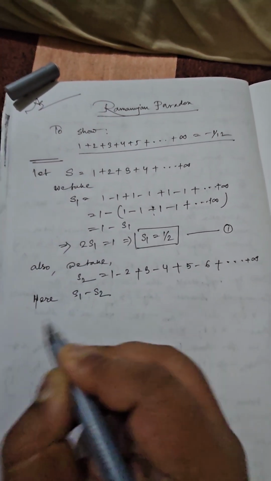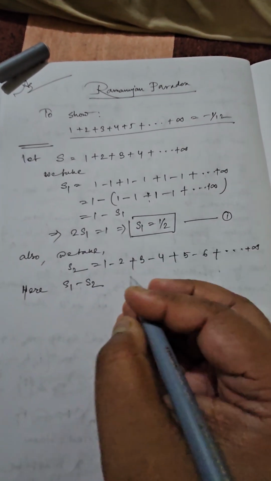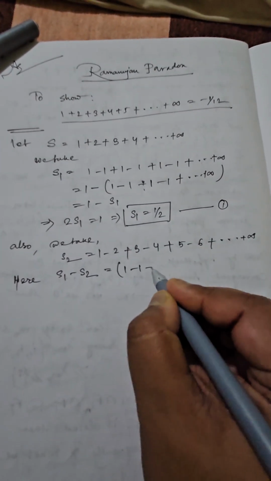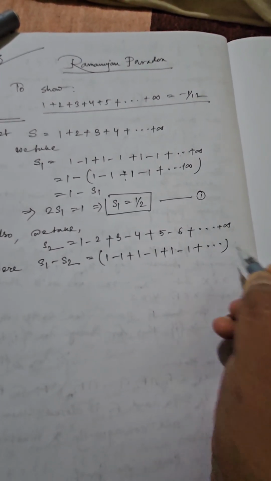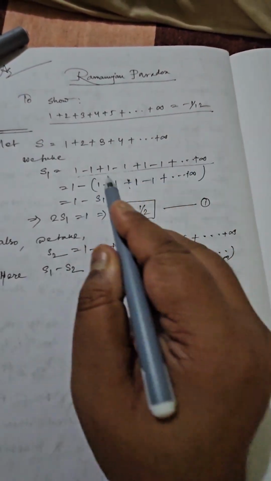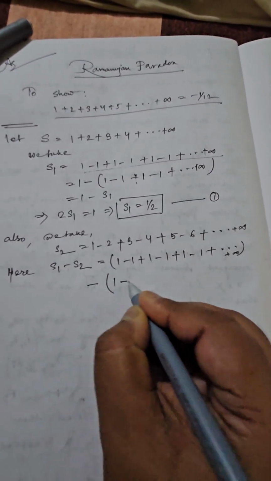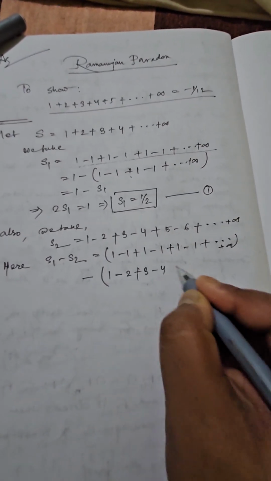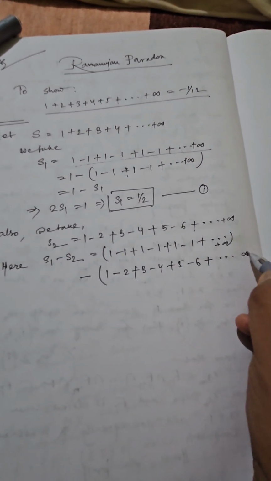Now here, if we want to find out S1 minus S2, then you can easily understand. You can perform this operation like this, up to infinity you can carry on. For S1 we have already described what S1 is and also what S2 is: 1 minus 2 plus 3 minus 4 plus 5 minus 6 and so on up to infinity.